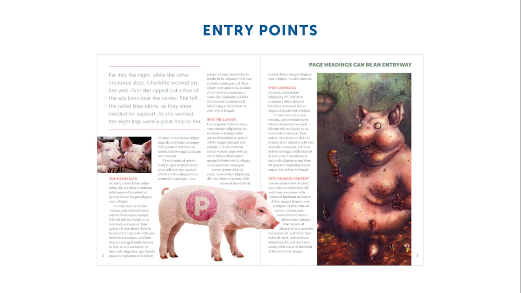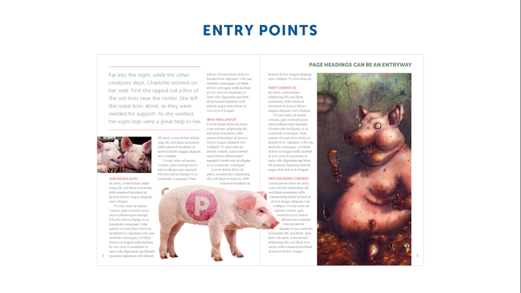And then this starts to deviate more. So this shows the grid, which is still the same as it was before. It's just that I have allowed myself to break out of the grid in this case and to create a different kind of hierarchy and to create different types of entry points.